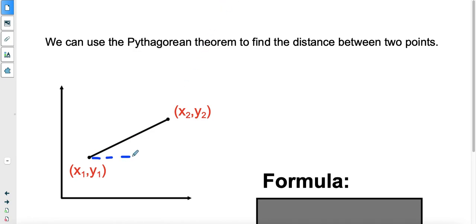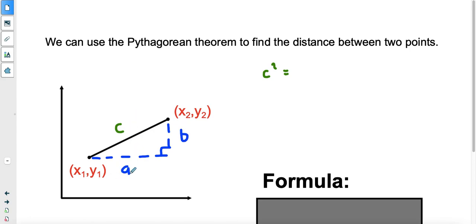So I'm going to start by drawing a triangle connecting these 2 points, just like I did before. Now, the Pythagorean theorem tells us that hypotenuse squared is equal to the other 2 sides squared.